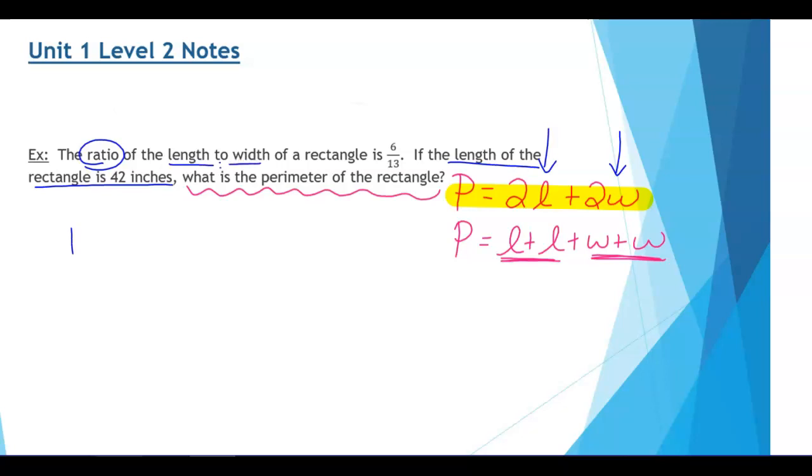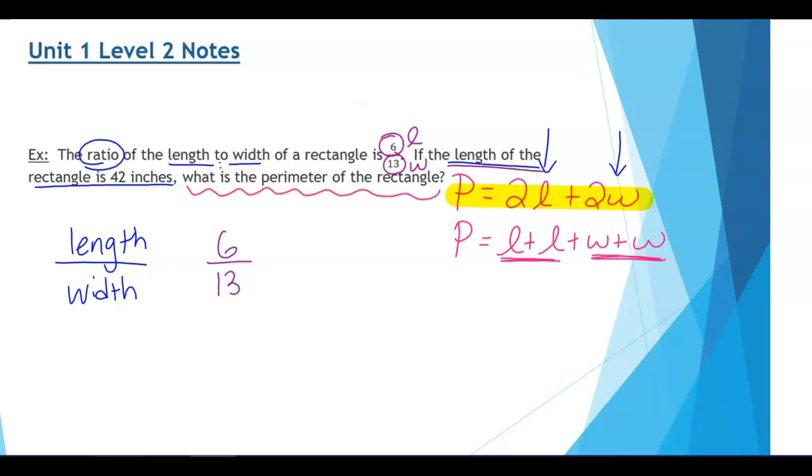So I can write that as a fraction, length to the width. And I'm given that it's 6/13. So 6 is with the length and 13 is for the width. So 6 times the scale factor is the length and 13 times that same scale factor is the width.